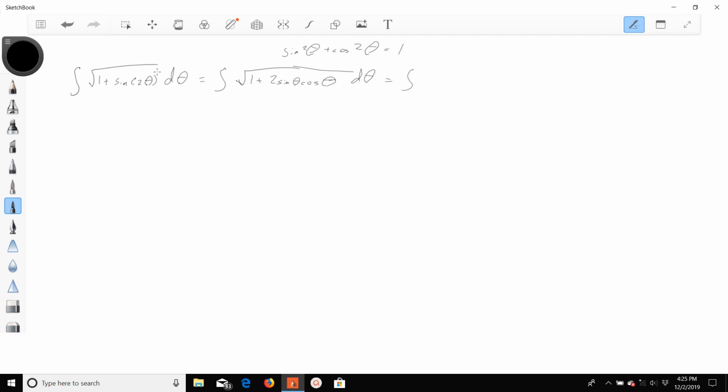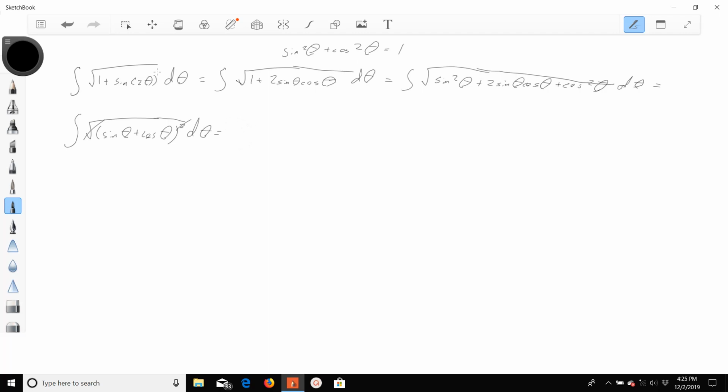So I get the integral of the square root of sine squared theta plus 2 sine theta cosine theta plus cosine squared theta d theta, which is the integral of the square root of sine theta plus cosine theta squared d theta, where the square root and the square go away.